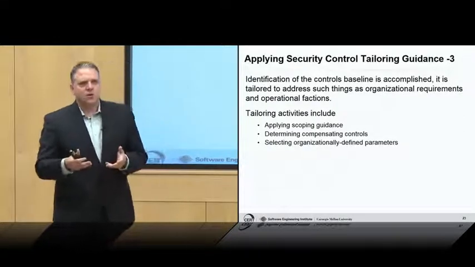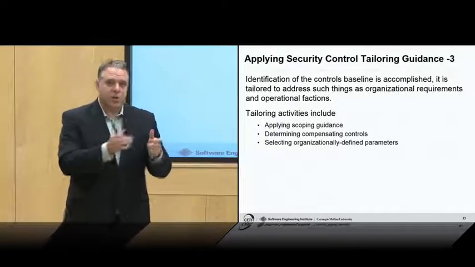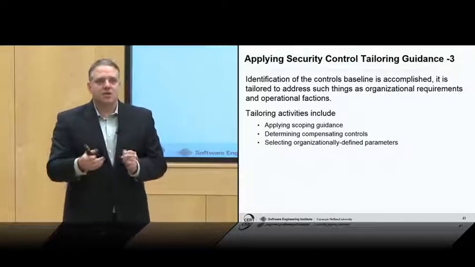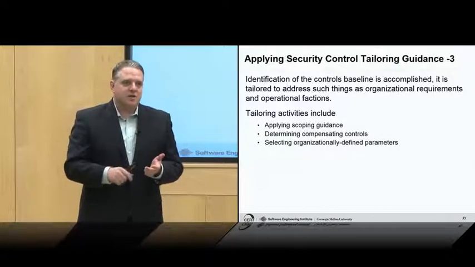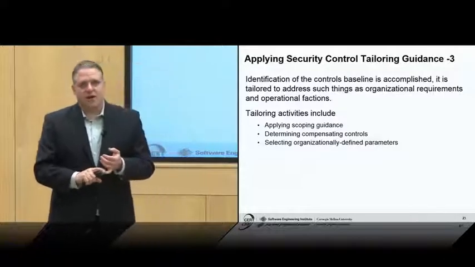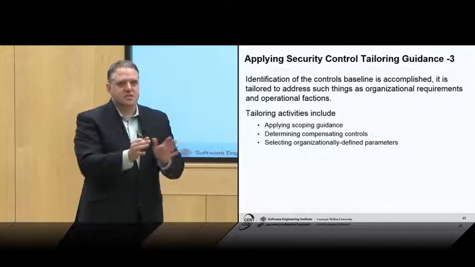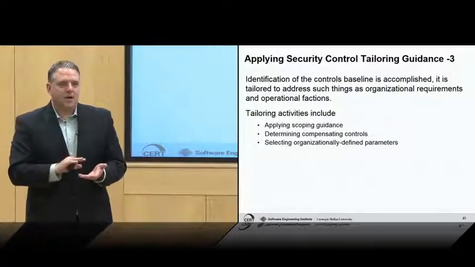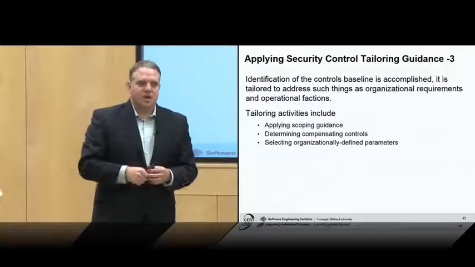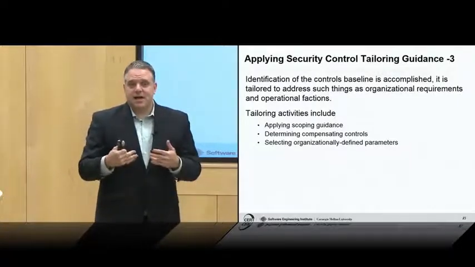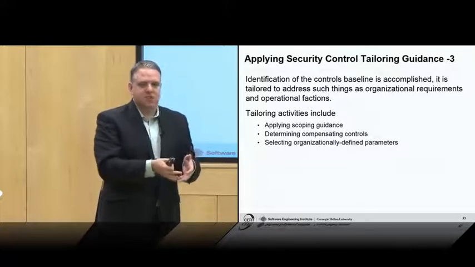Once you get your controls baseline, you know which ones you're going to implement, and you can tailor these based on what you need to do. So you can apply scoping guidance: I only need this control to protect parts of the system as opposed to the whole thing. I can come up with compensating controls if I can't implement one of the controls they recommend. And I can tailor this organizationally, meaning I have specific requirements in my organization.